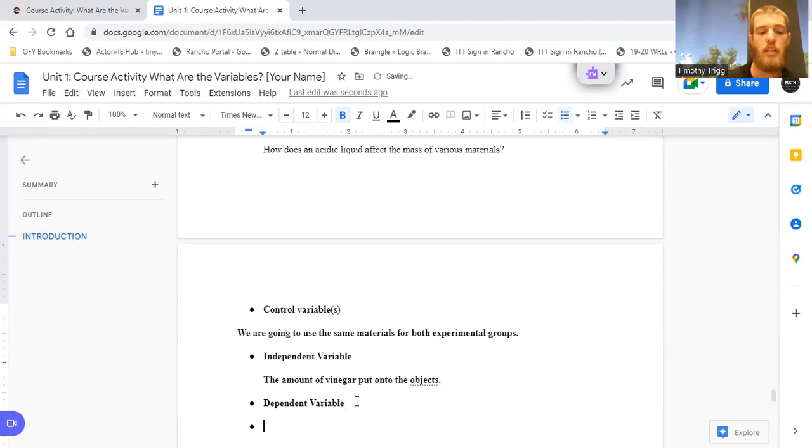Dependent variable is whatever we're measuring as a result. The mass of the objects after being soaked in vinegar, let's say.